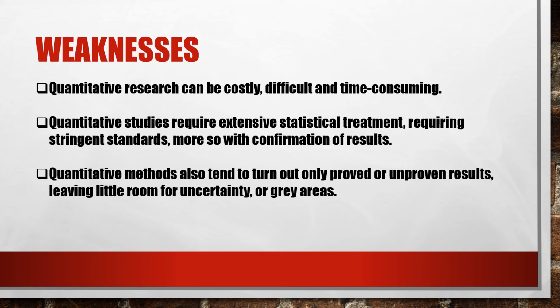Third, quantitative methods also tend to turn out only proved or unproven results, leaving little room for uncertainty or gray areas. Now, if we talk about uncertainty, this is normal currency in scientific research.